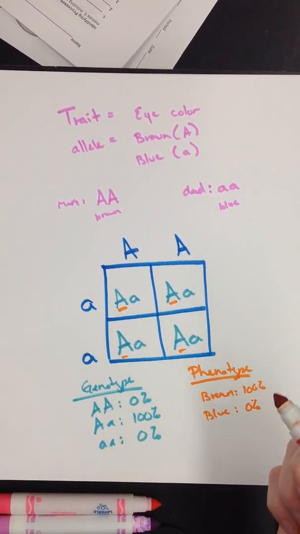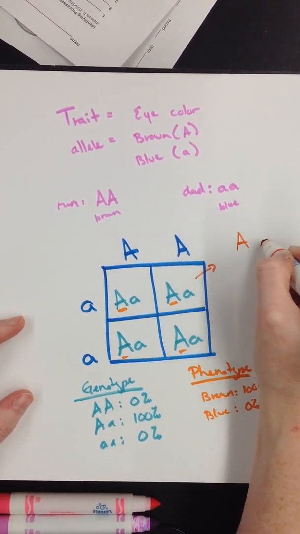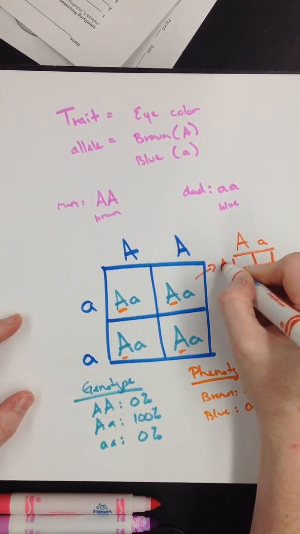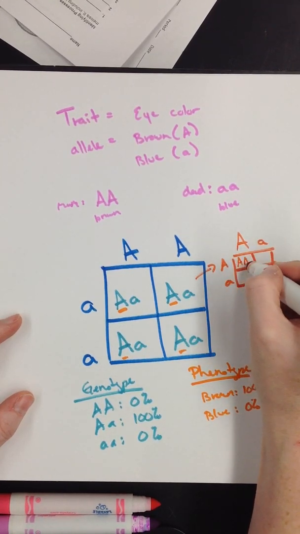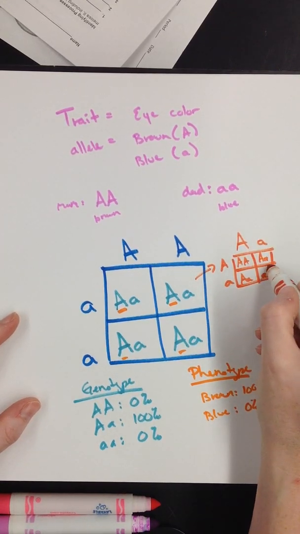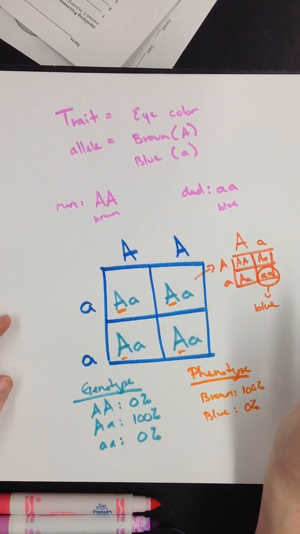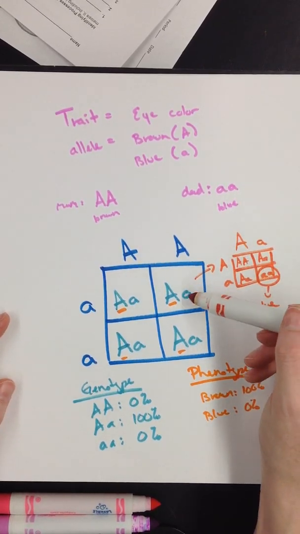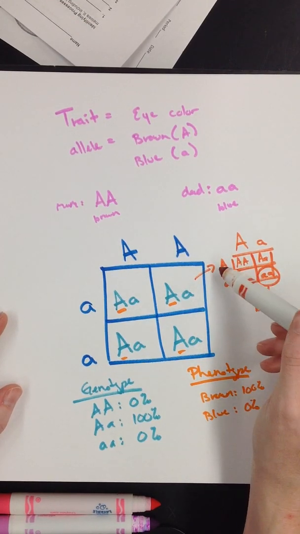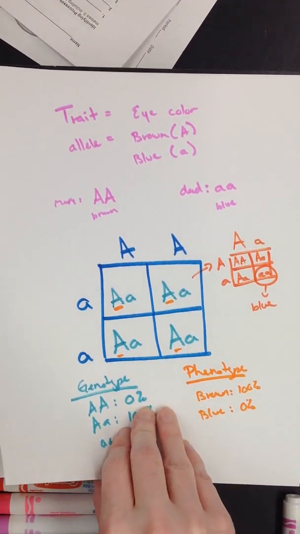And if I crossed one of these kids, let's say this kid over here, and maybe he married a person who's also hetero, Aa, that means 25% of their children will have blue eyes. So that's how, again, you can be a carrier for a trait and then pass that trait on to your offspring if you have another carrier that you're going to have a child with.